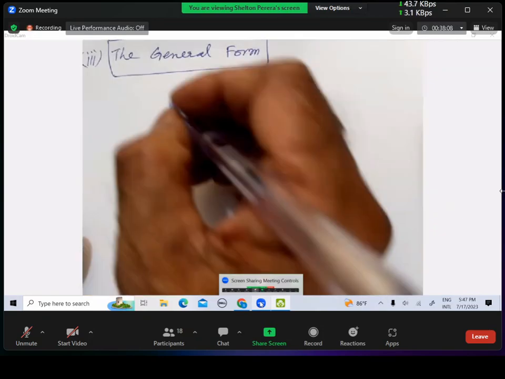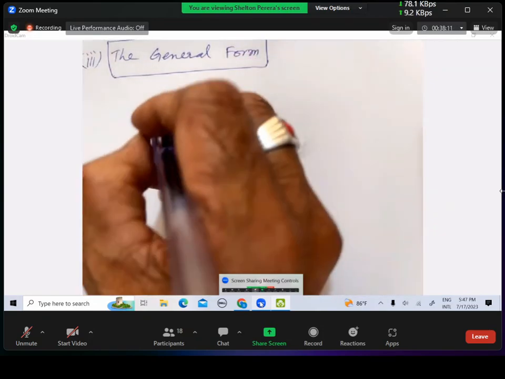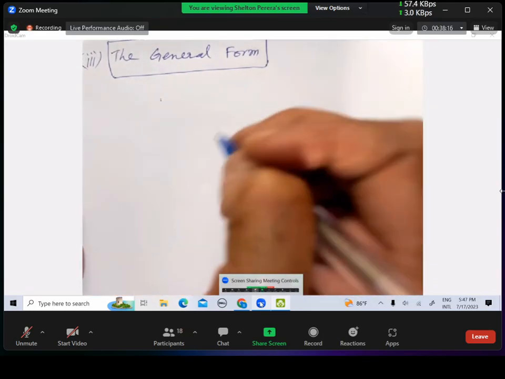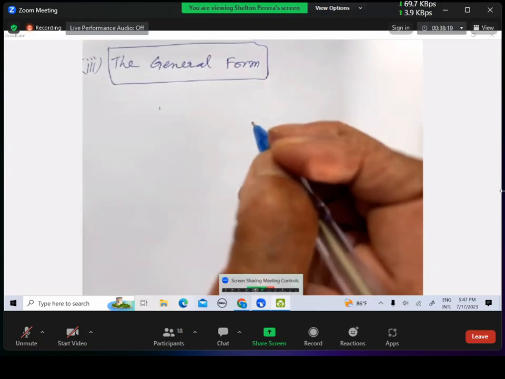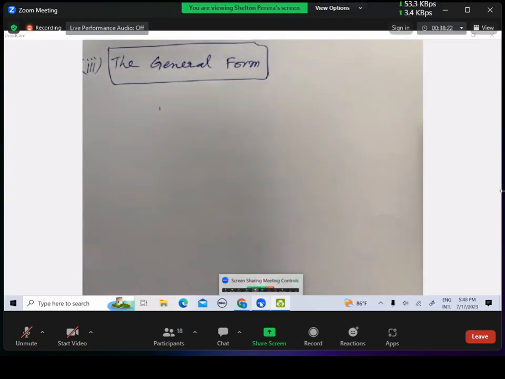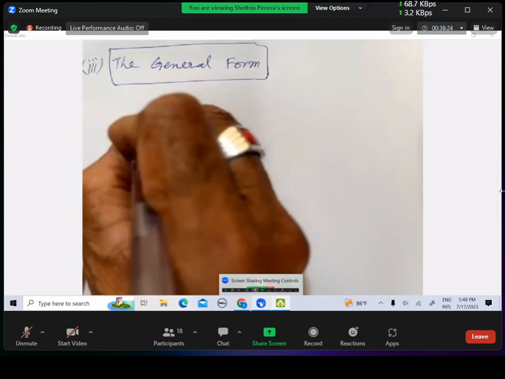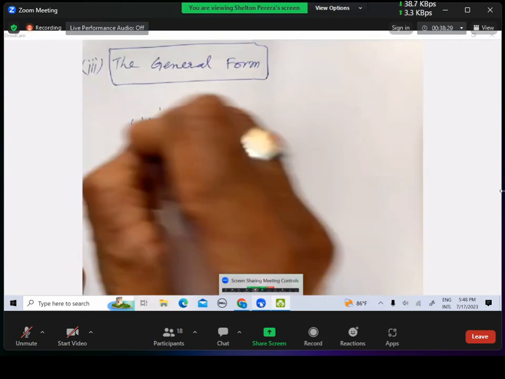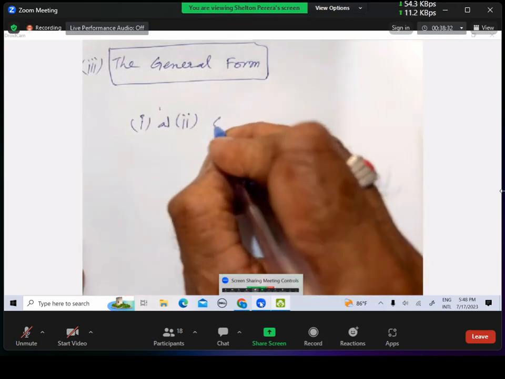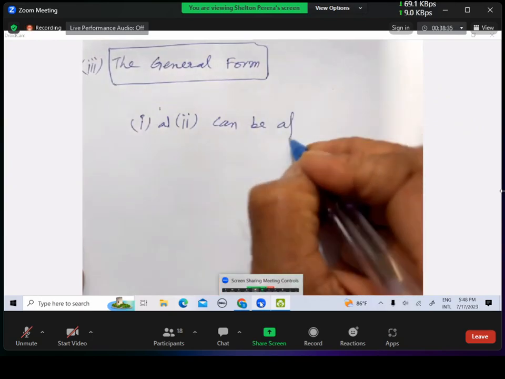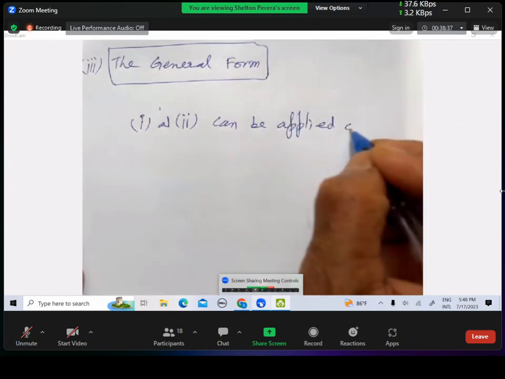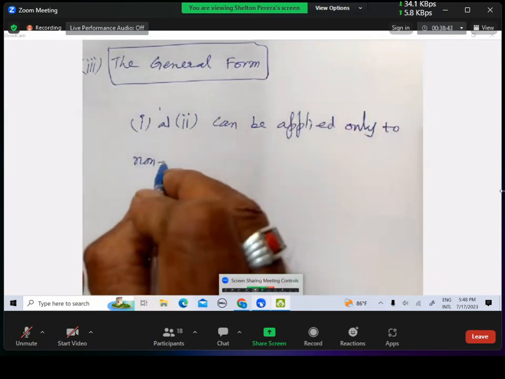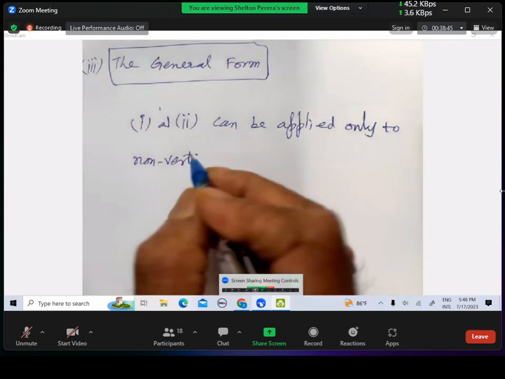There, 1 and 2 can be applied only to non-vertical lines, because we are talking about slope.